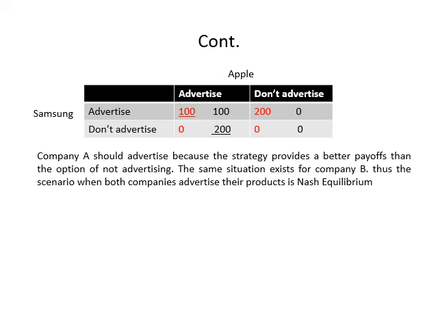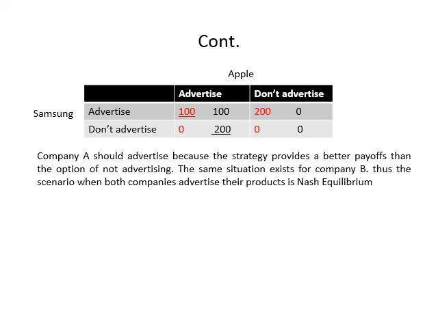This is the matrix about which the previous slide stated. Company A should advertise because the strategy provides a better payoff than the option of not advertising.